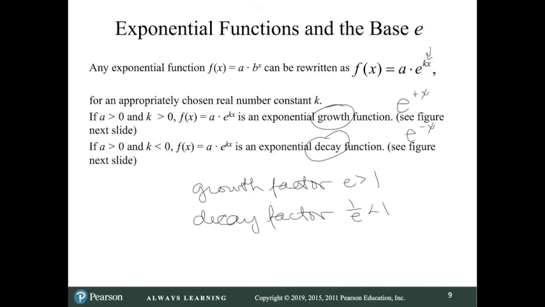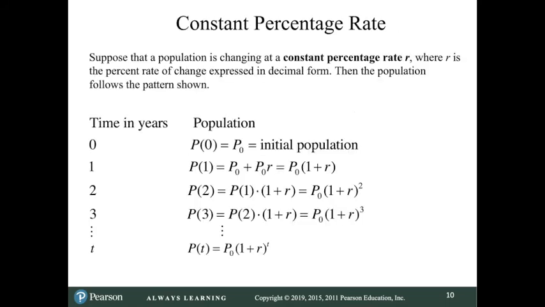Okay, we can also relate growth and decay by their rate. So let's look at growth and decay rate. Okay, if we're looking at populations, we can say that a population grows or decays based on the rate of change. So if it's changing by a certain percentage every year, let's just say there's a population of mice and it grows by 20% every year.